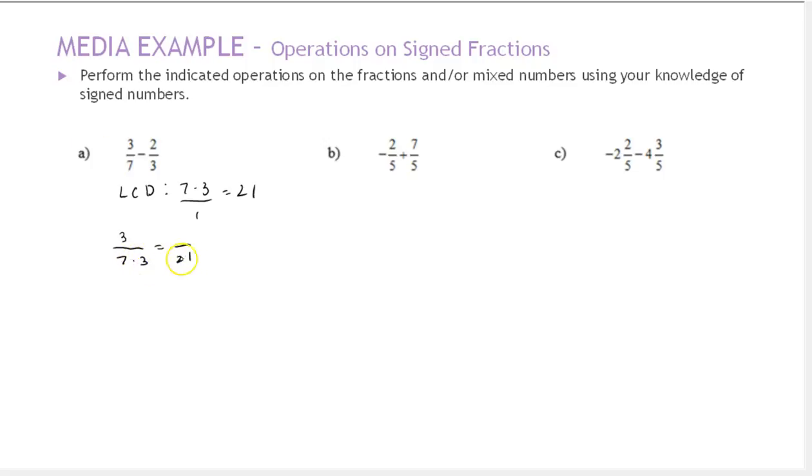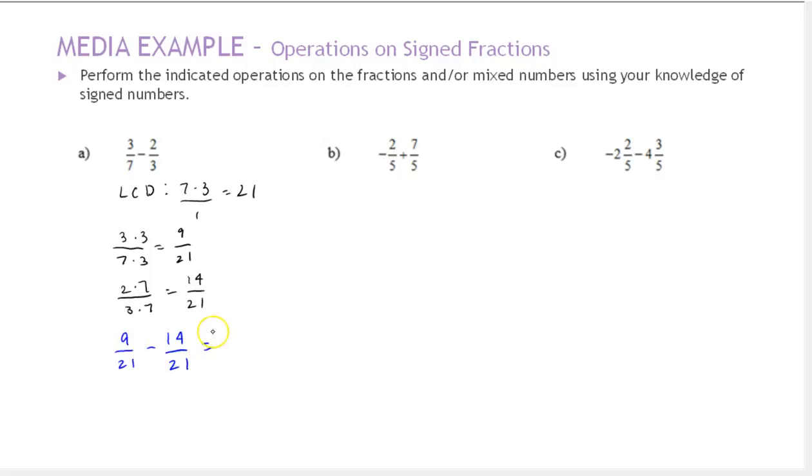So for 3/7, I need to multiply by 3 to get 21, and I also multiply the numerator. Now let's do the same thing for 2/3. We want to write it as something over 21. So I need to multiply by 7, and I get 14 over 21. So now an equivalent expression to this one is 9 over 21 minus 14 over 21.